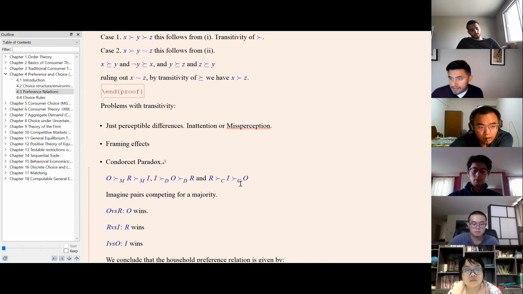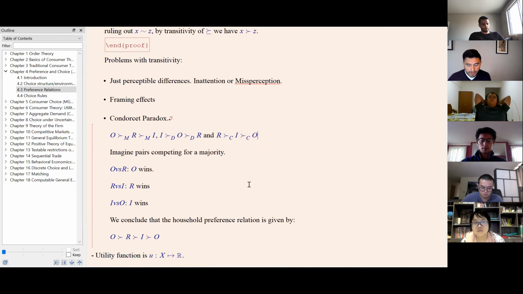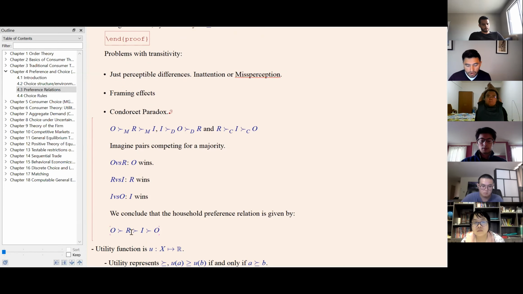And finally, ice skating versus opera. Who wins? Well, the dad likes ice skating more, obviously, but the kid also likes ice skating more than opera, right? So now you have ice skating on top. But then what happens, right? So we conclude that the household likes opera to rock, rock to ice skating, right? But ice skating to opera, right? So now you have what is called a cycle, a violation of transitivity.